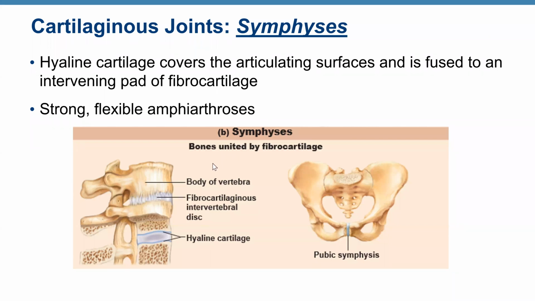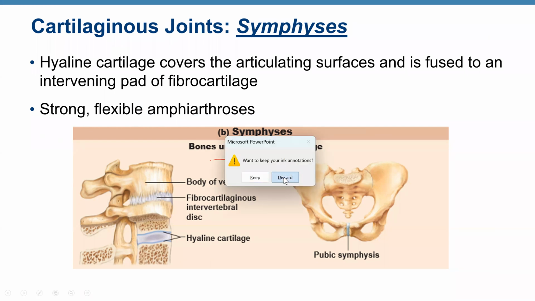So here are our two examples, bones united by fibrocartilage: intervertebral disc and pubic symphysis, and both are amphiarthrosis, so they have slight movement. It's a strong and flexible amphiarthrosis.